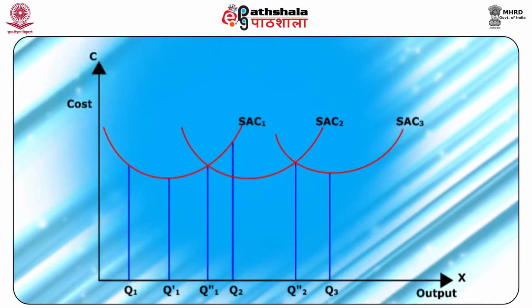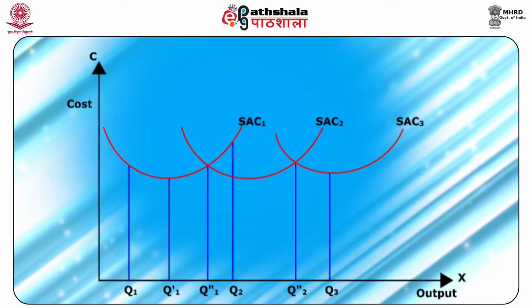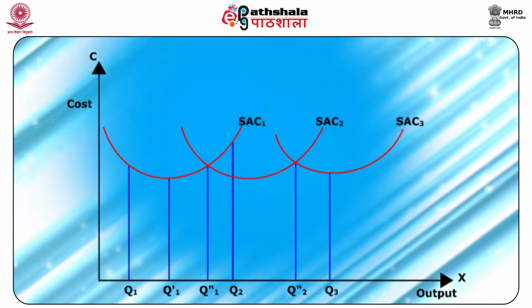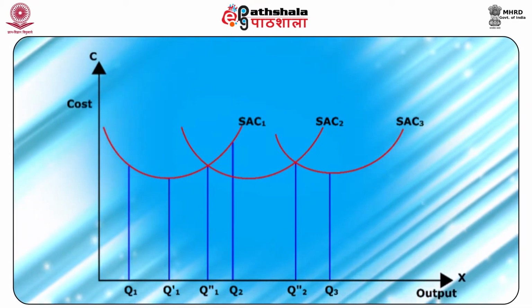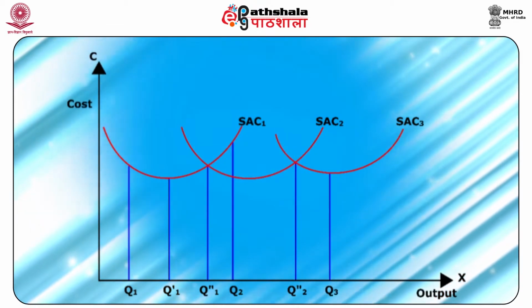Assume that a firm at a particular point of time with a given state of technology can adopt three methods of production. These three production methods correspond to different plant sizes: small plant, medium plant and large plant. The small plant operates with cost denoted by SAC1, the medium plant cost denoted by SAC2 and the large plant cost is denoted by SAC3.